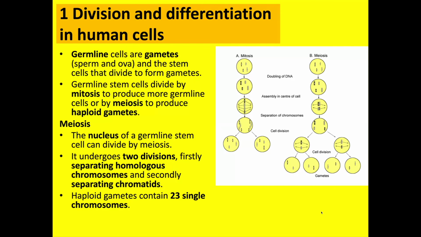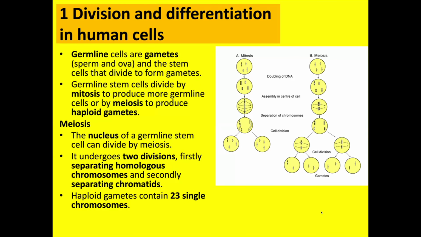So first of all, the nucleus of germline cells can divide by meiosis instead of mitosis. So when a germline cell is looking to create a sex cell, a sperm or ova, then it will divide by meiosis. It undergoes two separate divisions. The first set of divisions involves separating the homologous chromosomes.